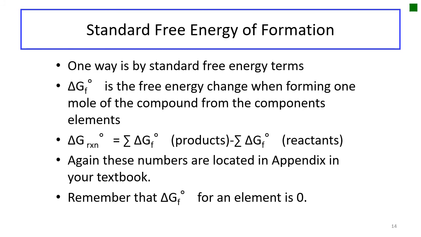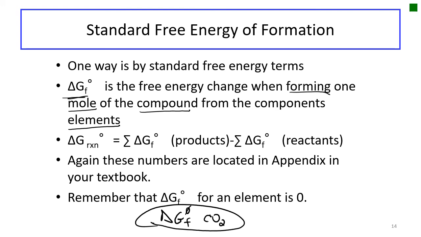So what do we mean by delta G naught of formation? Let's just imagine that we are looking for the delta G naught of formation of carbon dioxide. When we do formation, it means that we are making 1 mole of the compound, whatever it is, from the component elements. So if we were going to make carbon dioxide, it is going to be a gas because it's going to be the most stable form at 1 atm.